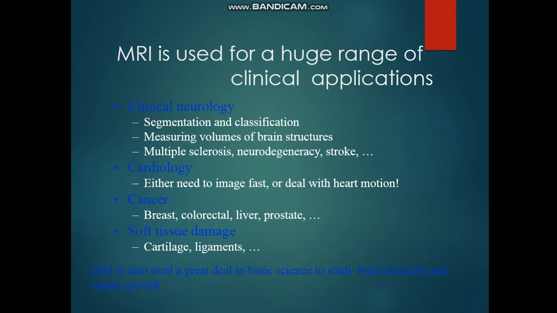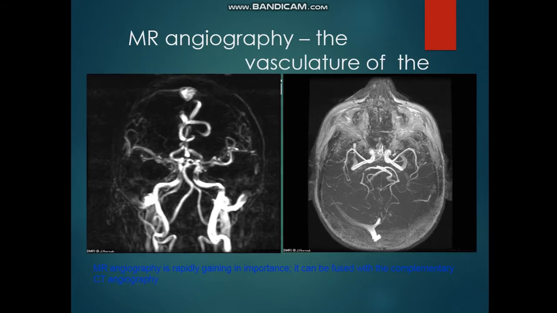In cardiology, and for investigation of tumors, malignant tumors, breast cancer, colorectal cancer, and soft tissue damage, cartilage, ligaments, and others. MRI is also used a great deal in basic science to study brain function and cancer growth.